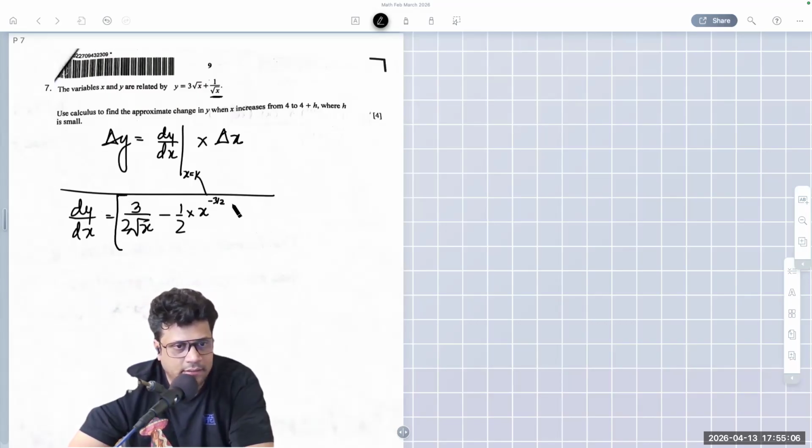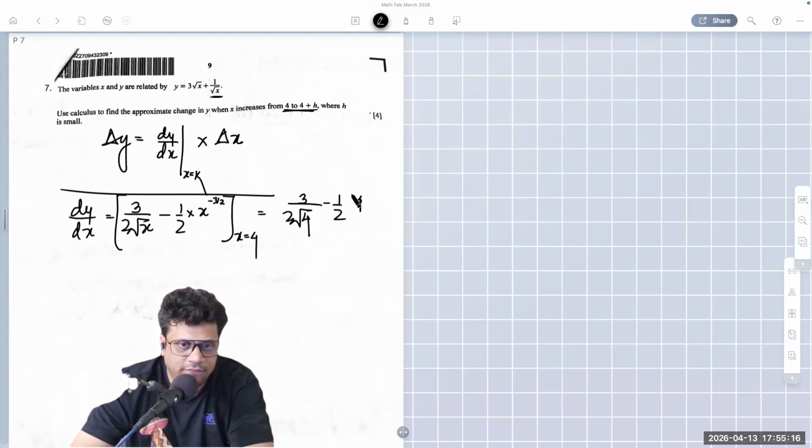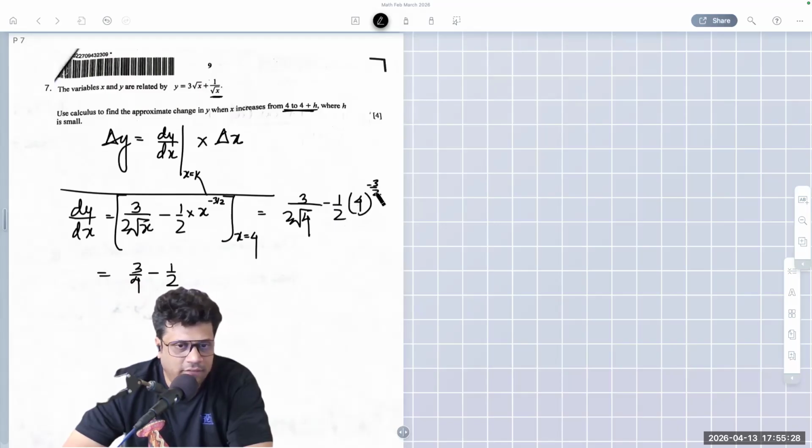Okay, and this is to be obtained at x equal to 4. So we are looking at 3 by 2 root 4 minus 1 by 2 into 4 to the power of minus 3 by 2. Well, that is 3 by 4 minus 1 by 2 into 4 to the power of 1 by 2, right?